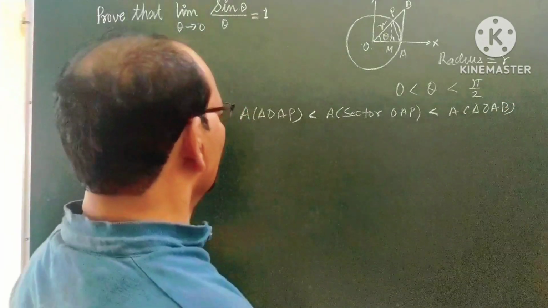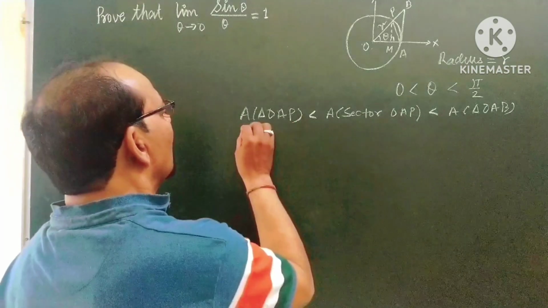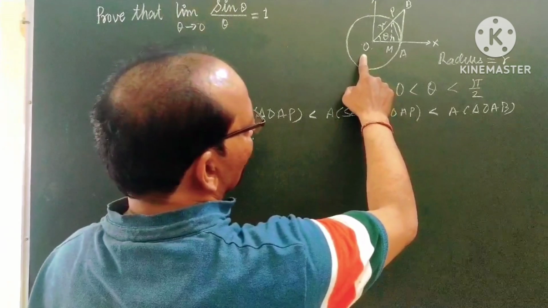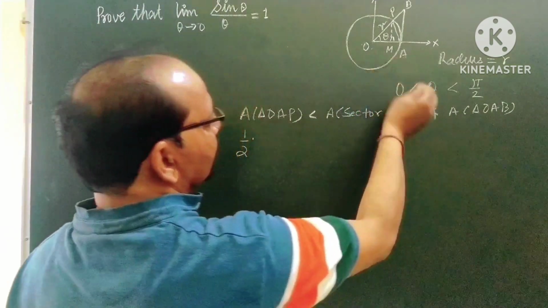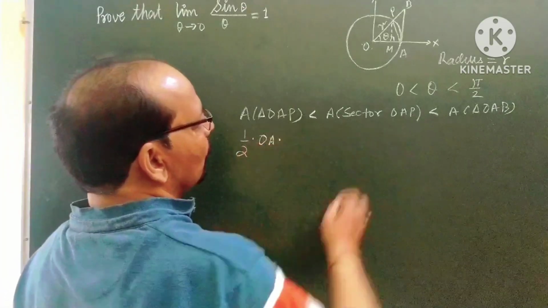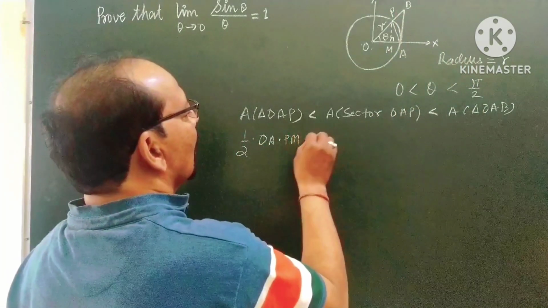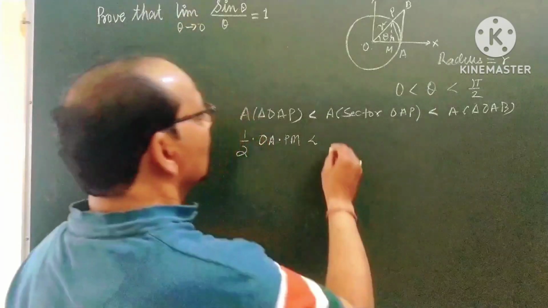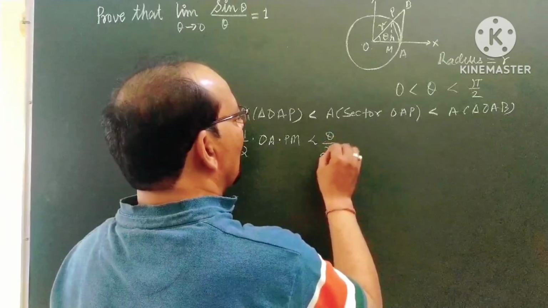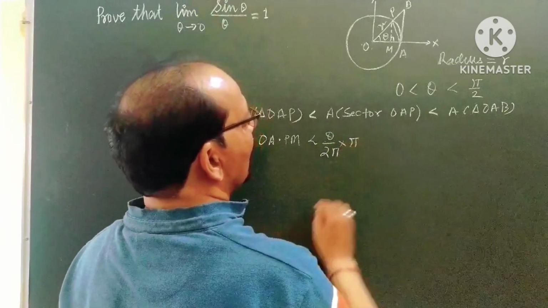After that, to find the area of triangle OAP, we take 1/2 into OA is the base, into perpendicular PM, less than area of sector. Area of sector will be theta by 2 pi into pi r square.